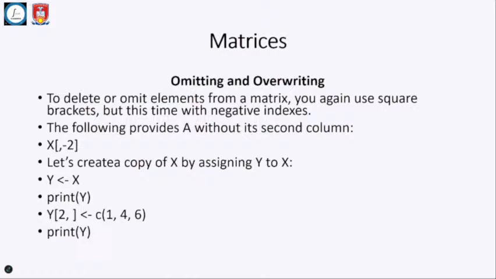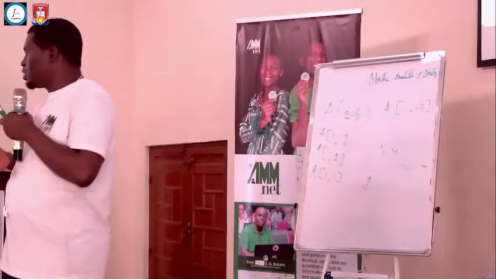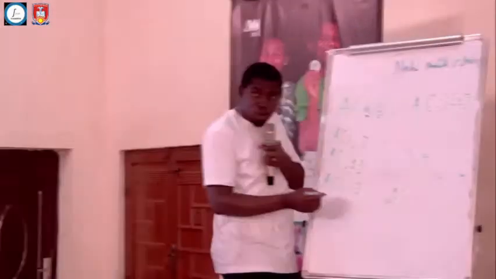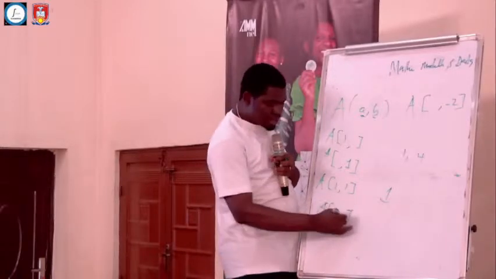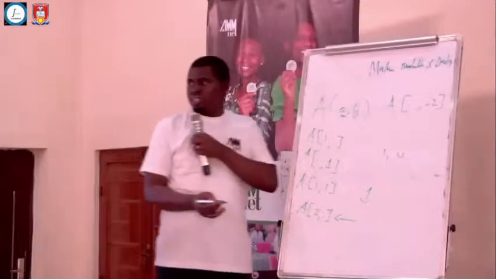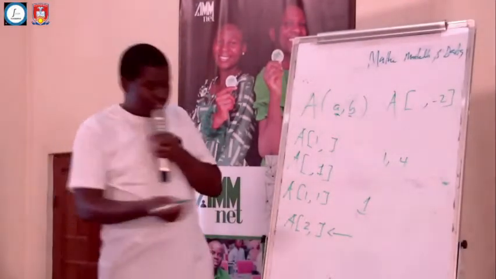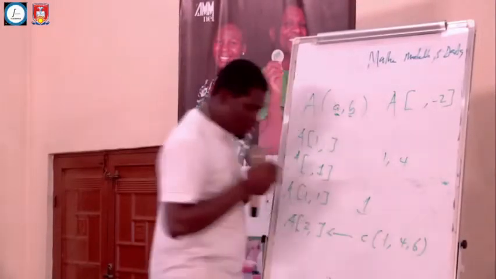Also, supposing that you observe that this particular row 2, for instance, it may be row or column, you put something wrong there, you want to change it. You can do the same thing that you are doing, you want to replace. So I now have A, but I want my row 2 to be replaced. So again, I will define another vector, for instance, C as 1, 4, 6.